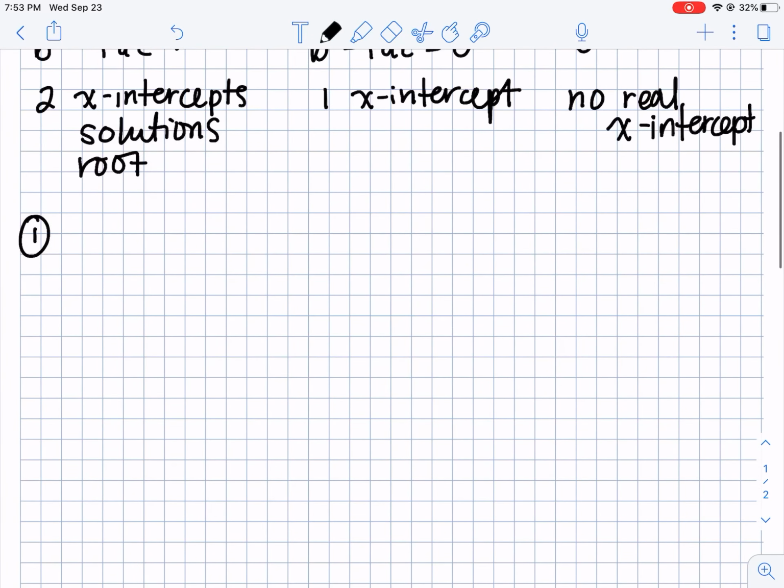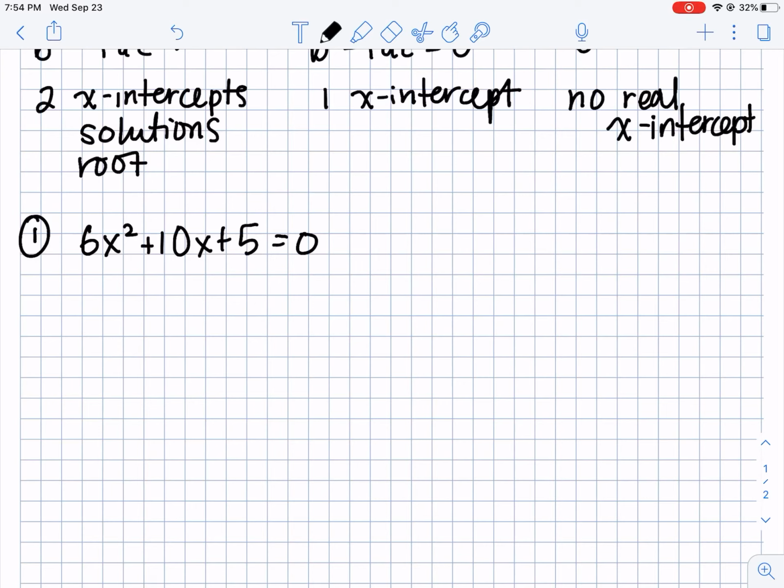If we look at number 1 of your toolkit on page 7, it says 6x squared plus 10x plus 5 is equal to 0. Now you could go to the trouble of solving this whole thing using the quadratic formula, x equals negative b plus or minus the square root of b squared minus 4ac all over 2a. But if the question is just asking how many x-intercepts there are, well, then you do this.